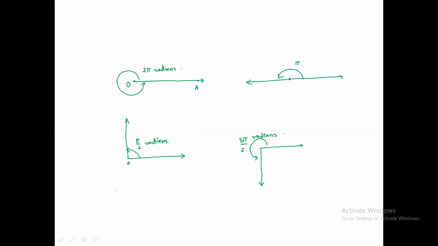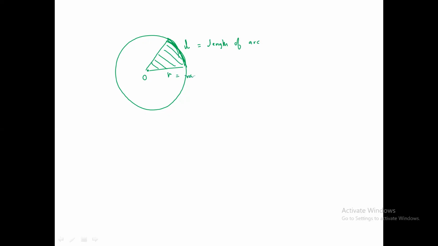Now, later on, you may use some formulas related to geometry. In a circle with center O and radius R, if the length of the arc is L, this is the sector. L is the length of the arc. R is the radius. Theta is the angle in the sector, and this is the sector.